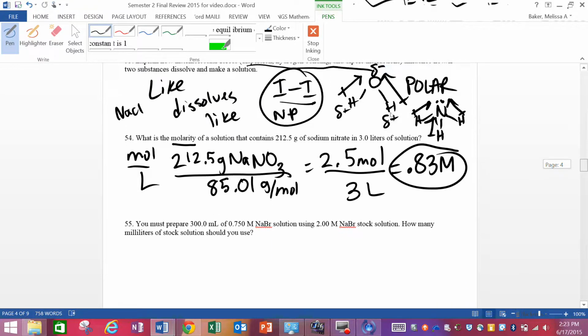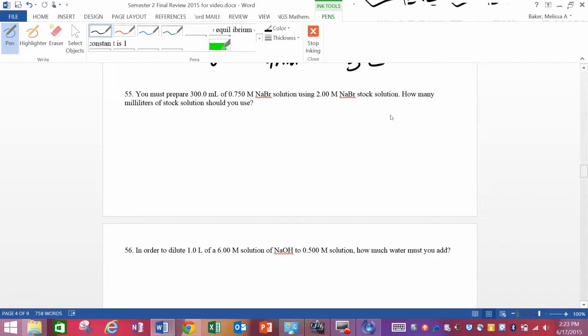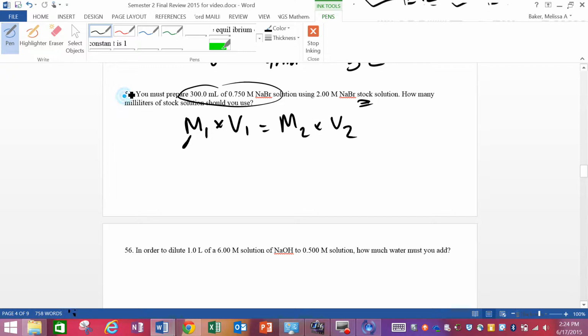What about dilutions? Anytime you see a problem like 55 where it says you've got a stock solution and you want to know how much of this you need to use to create the solution you want, you should think about the formula M1 times V1 equals M2 times V2. So you want a 2 molar solution.